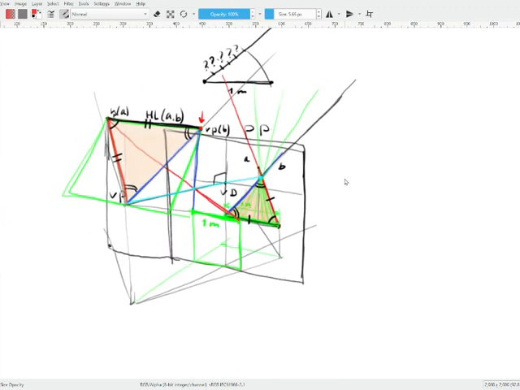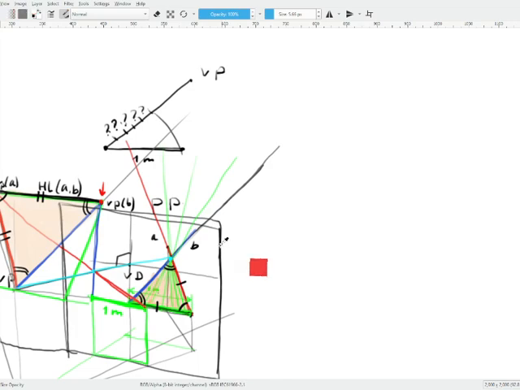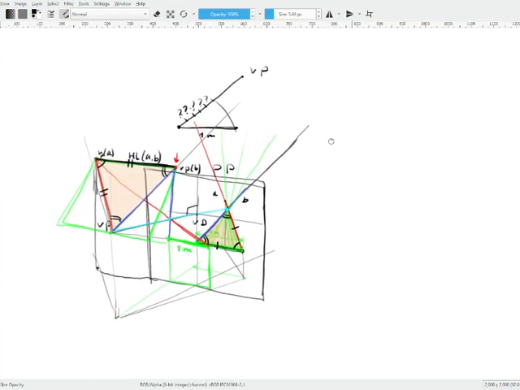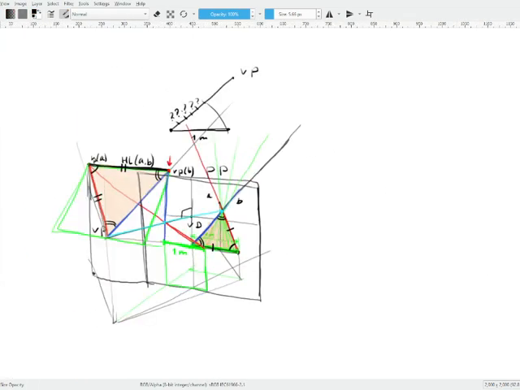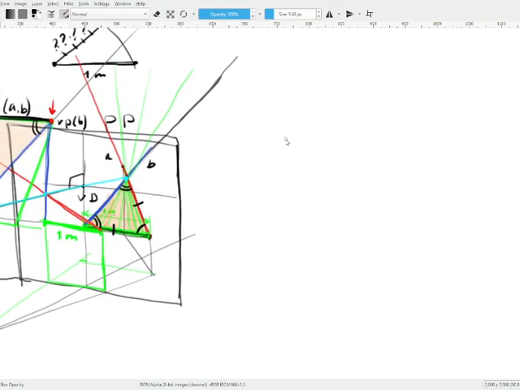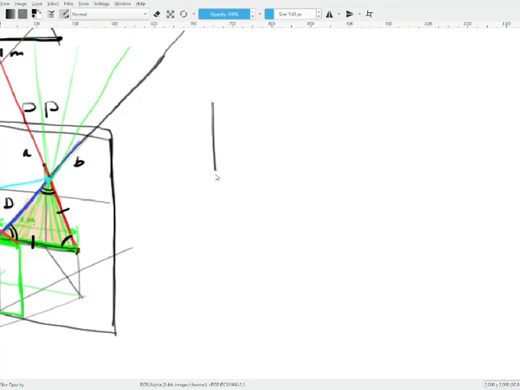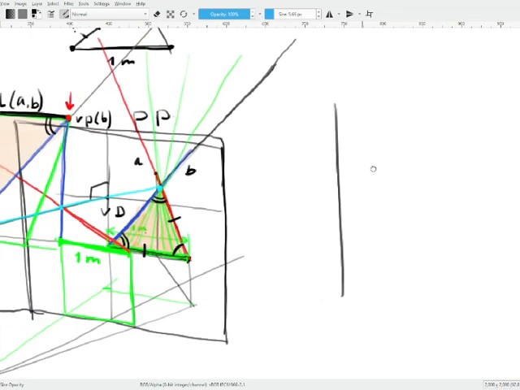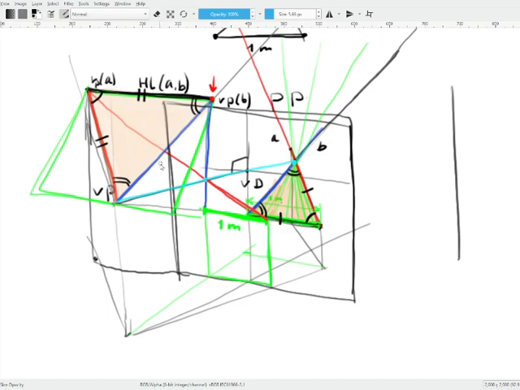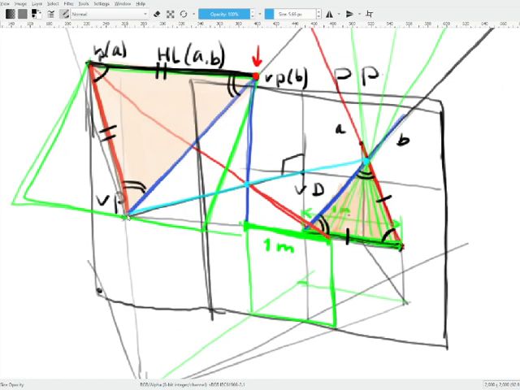But of course, when we are drawing, we do not have a three-dimensional space, because otherwise it would be very easy and we would be doing 3D modeling. So what we are doing is the following. We again use station point construction.